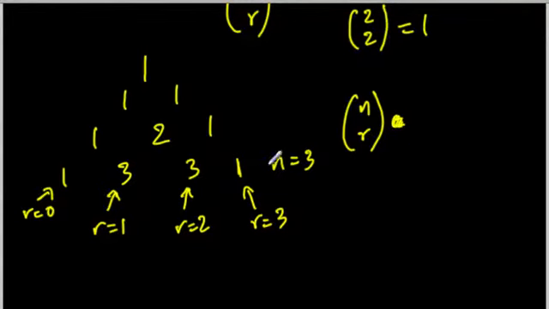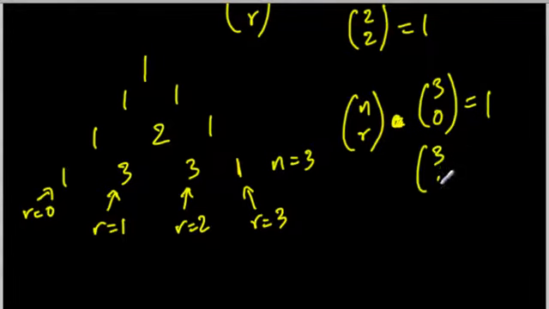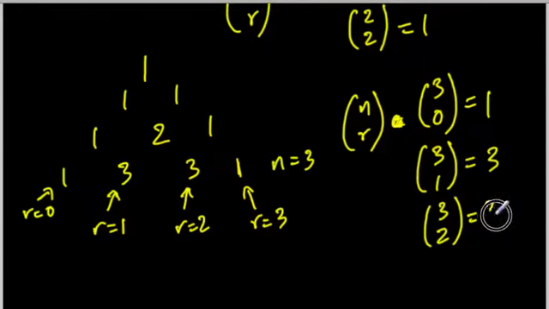So let's look at this. If we do 3 choose 0, remember this row is n, and r is equal to 0. So 3 choose 0 should be 1. If you plug that in, you will see 1. 3 choose 1 is equal to 3. 3 choose 2 is equal to 3.